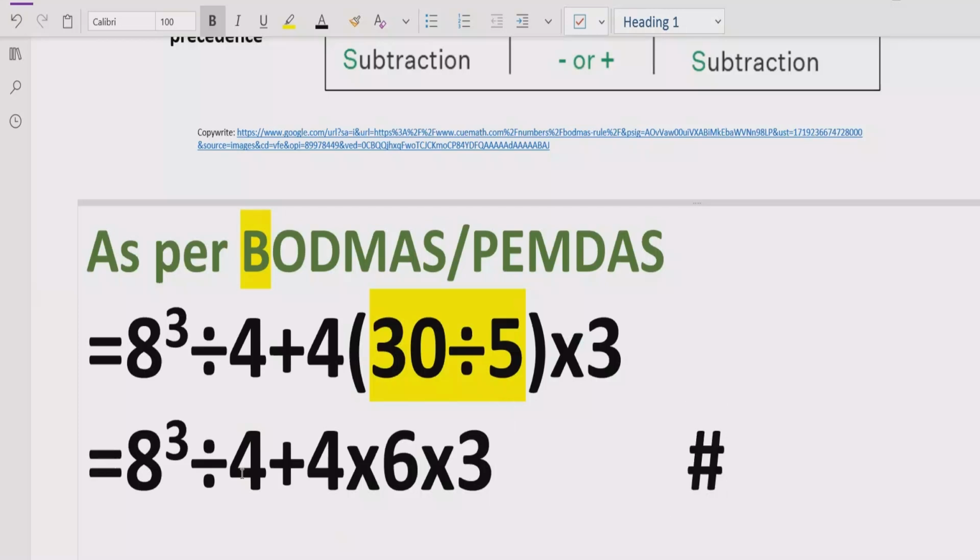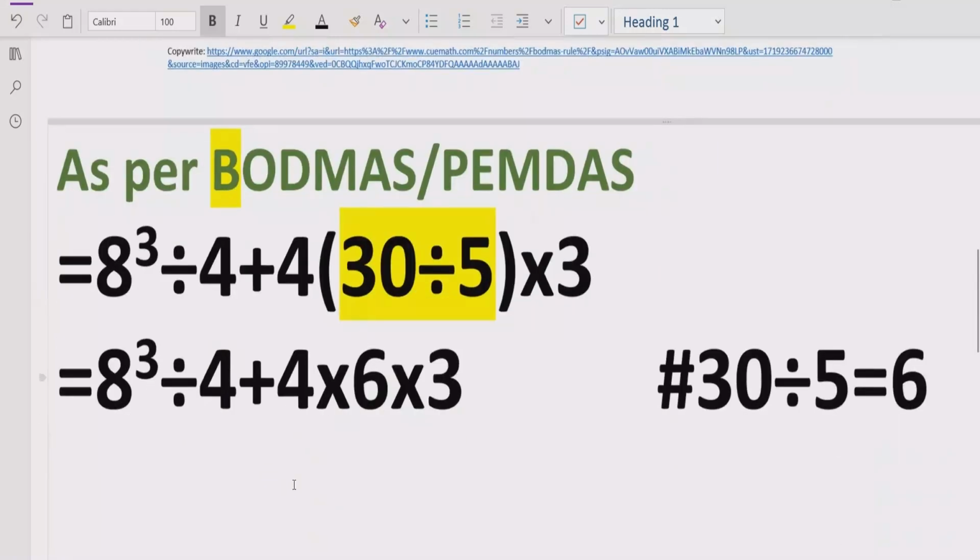And here we give the reference: 30 divided by 5 equals 6.